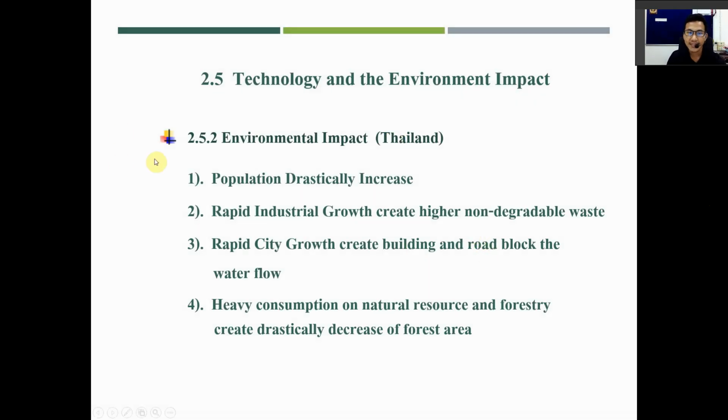For Thailand, of course, we have population increase. The rapid industrial growth creates higher non-degradable waste, especially the plastic that we have today. It's good to hear that today we have to stop using it. All of us have to keep in mind that we do it for our own sakes, our next generation, our nation, our world, and we've got to do it together.